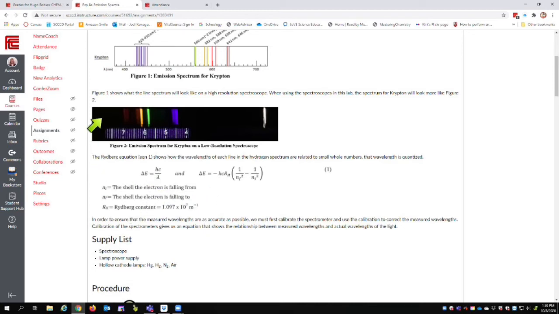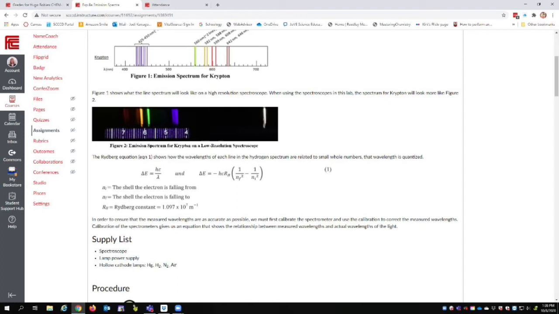So what we're measuring is not the energy, we're measuring the wavelength of these different transitions. The wavelength is related to the energy, though, through this equation. Energy is equal to hc over lambda. So we can put these two together to make something that's a little more useful.